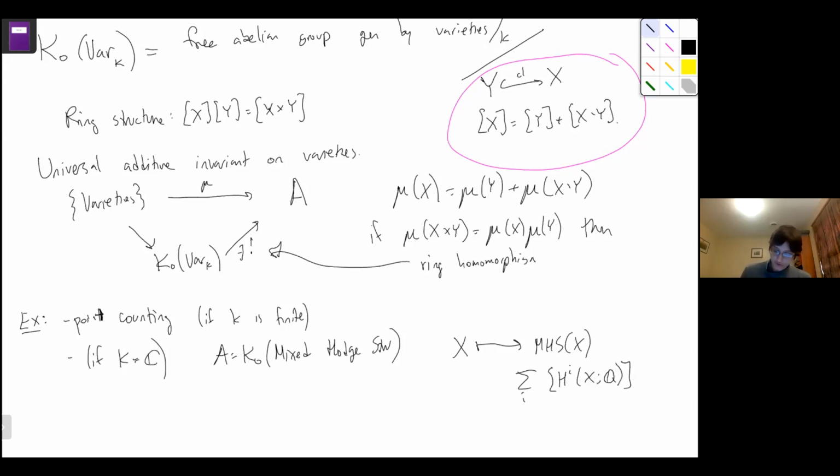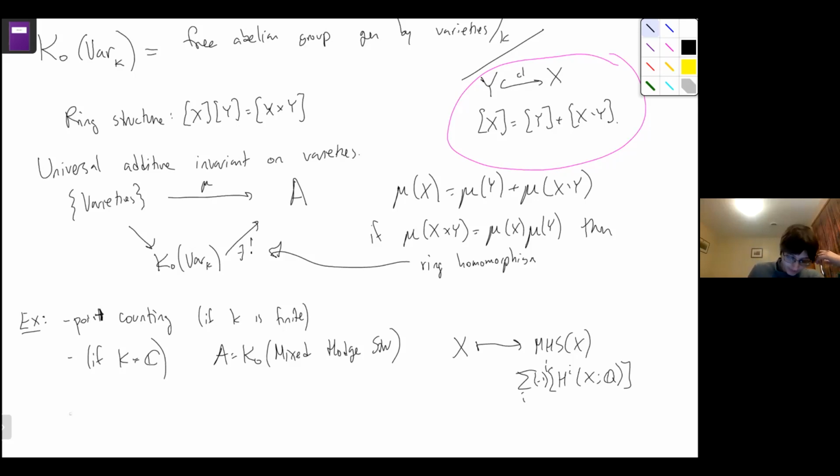Each of these has a Hodge structure. The fact that it is additive reflects the fact that mixed Hodge structures have a long exact sequence for these kinds of splittings. And so this is really an additive invariant.